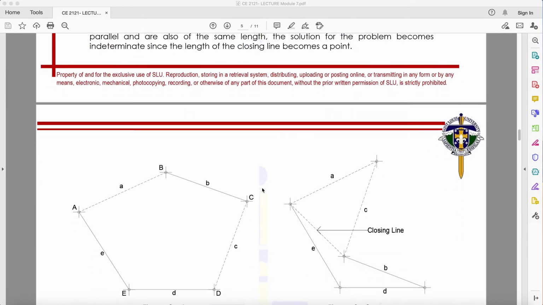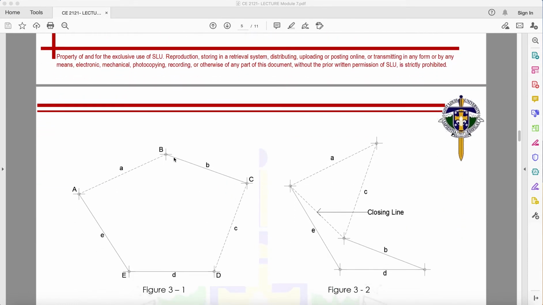So we are going to transfer yung known sides. So we have BC. I am going to transfer that at point D. Then I am going to transfer CD to point B here. Then ito na yung mabubuo kong figure.